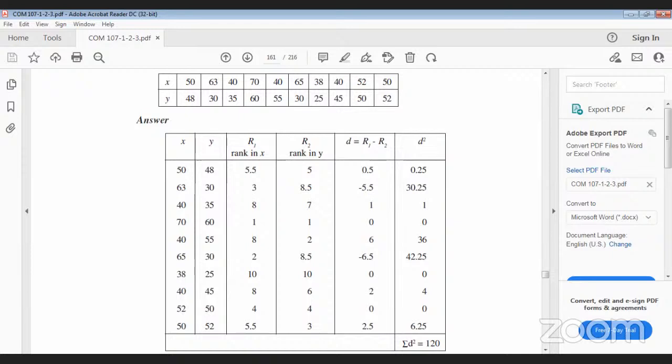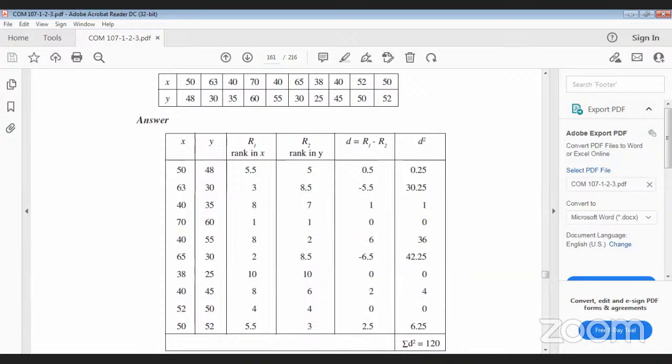Then minus 5.5 into minus 5.5, the square will be 30.25. The square of 1 is always 1.